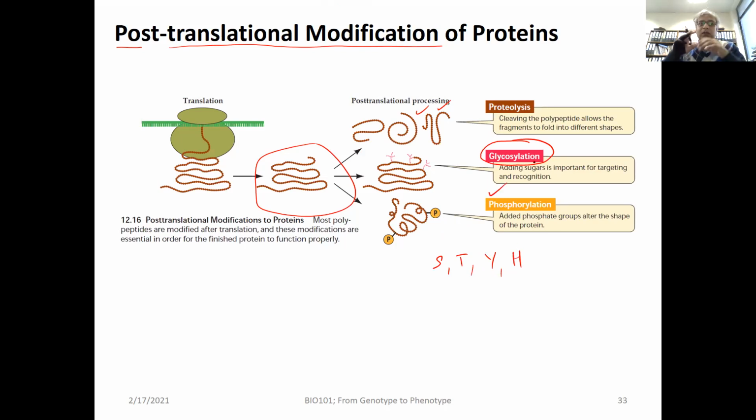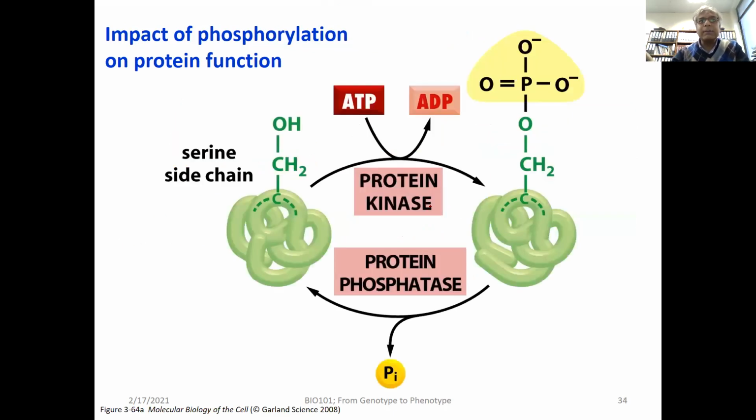You may have heard about this in lectures on cell signaling. There is phosphorylation-mediated communication within the cell. All these are post-translational modifications which result in a proper functional protein. For example, I just talked about serine. Let's say there is a serine within the protein, and this is the side chain of the serine.